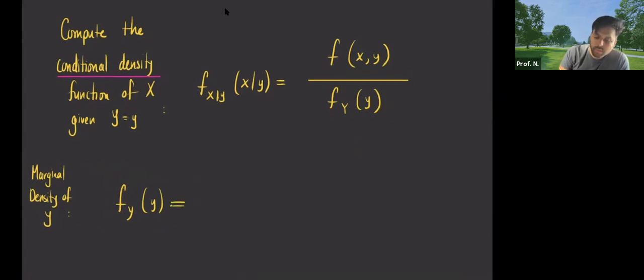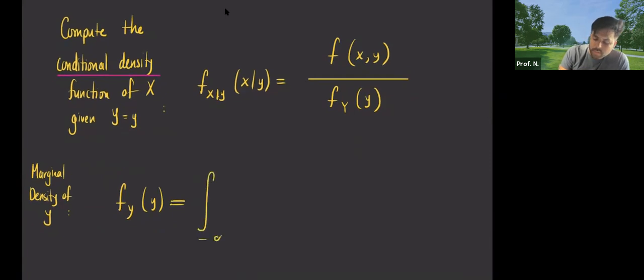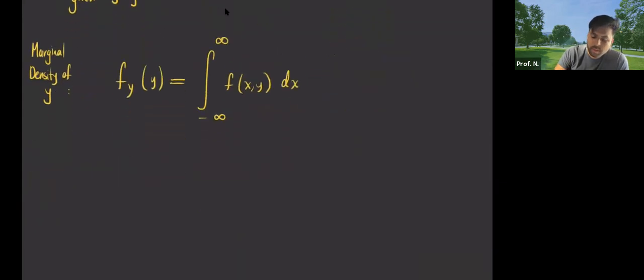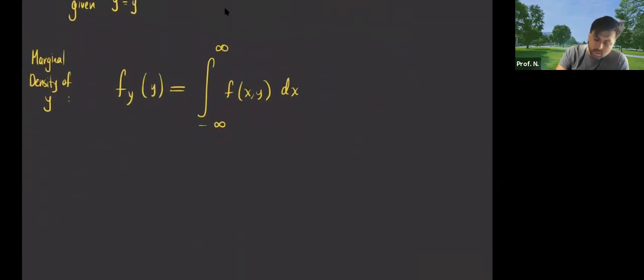You find it by taking the integral from negative infinity to infinity of the joint, and you're doing this through all the x's. The joint here is 12/5 x (2 minus x minus y) dx, and dx goes from 0 to 1.